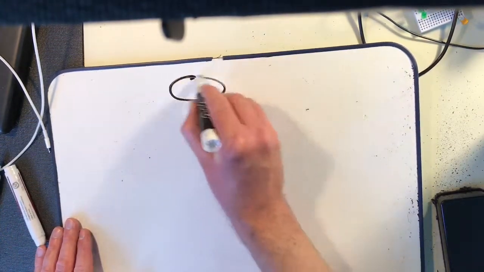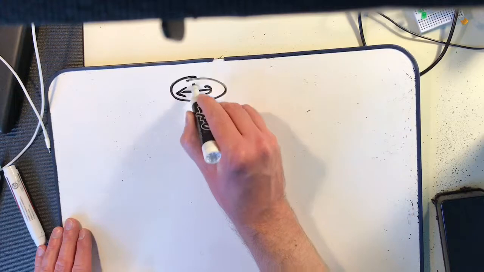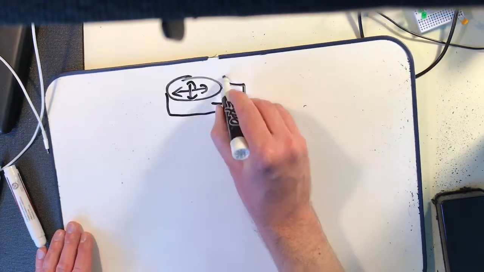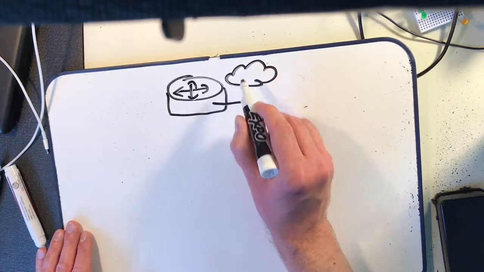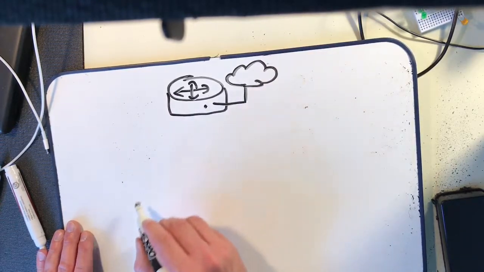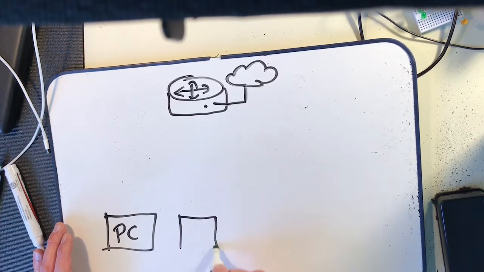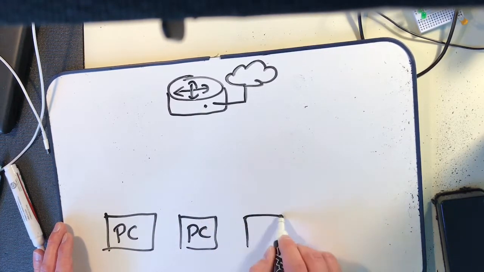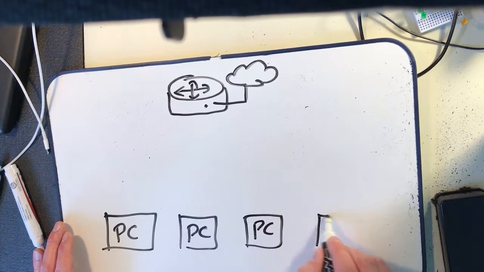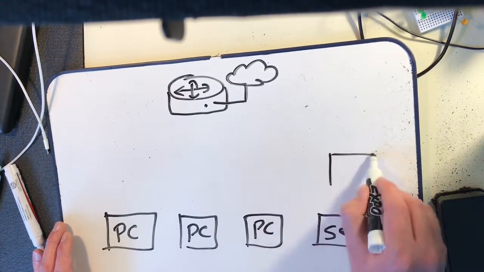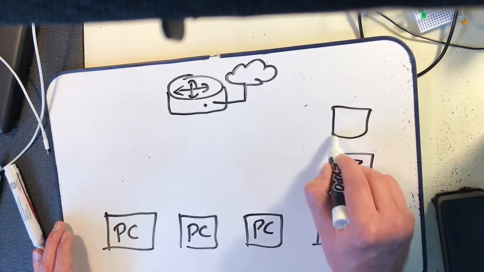All right, so for your general network, you would have a router, and this would be connected to another network or the internet, and you would have also a couple different devices.